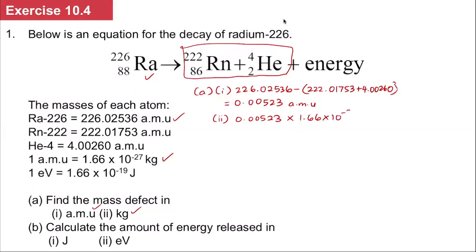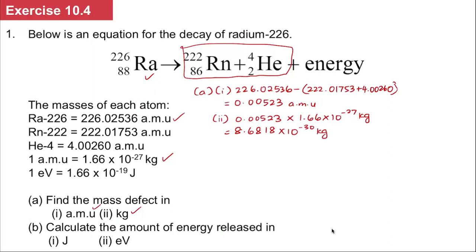So you should get, how much? 8.6818 times 10 to the power negative 30 kilogram.